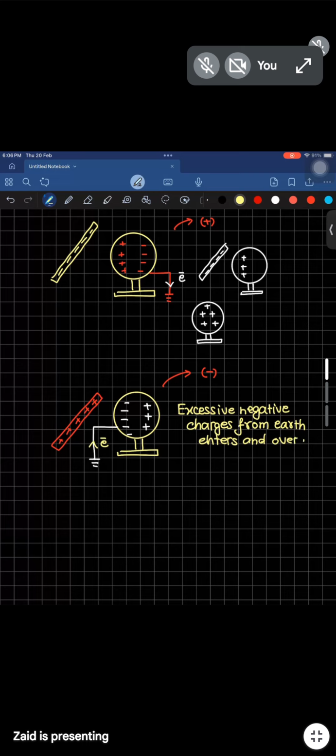So you can say excessive negative charges from Earth enters the sphere, which cancels out the positive charges. So the overall charge on the sphere is negative. I hope it's clear now.